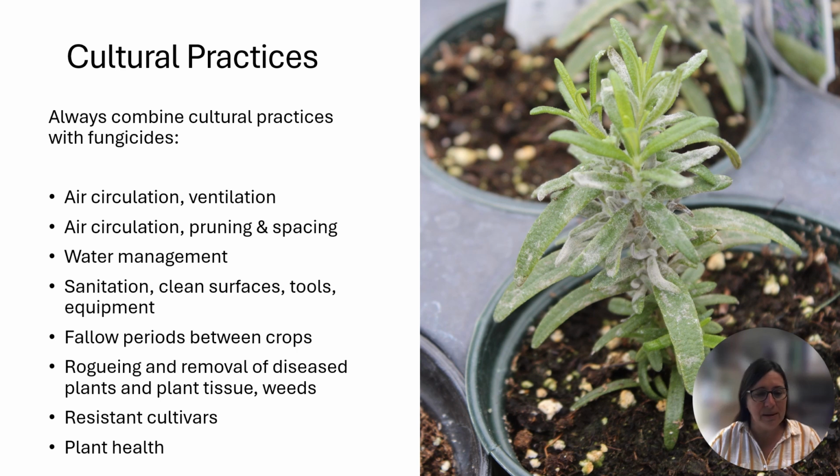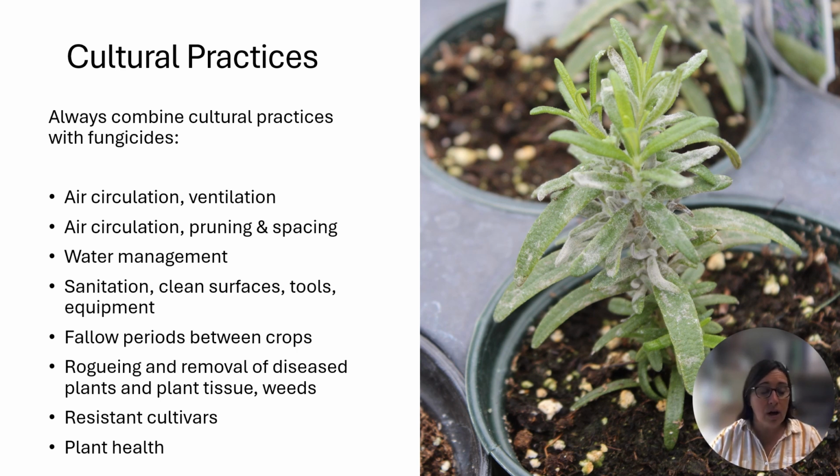So sanitation, keeping everything clean. Ideally, we would fallow our greenhouse between crops. So at the end of the spring, for example, we would empty our entire greenhouse or zone. We would clean everything with some type of disinfestant, and then we would start our next crop. And by the way, at the end of this presentation, I'm going to show a link to some of our publications, and there are some disinfestation publications in there that I highly recommend.